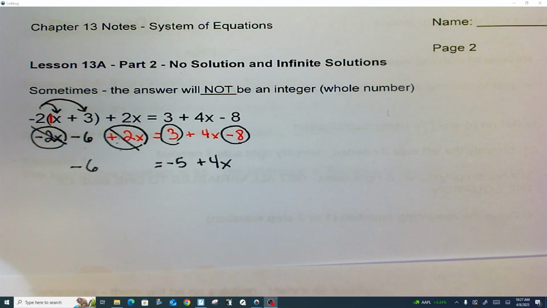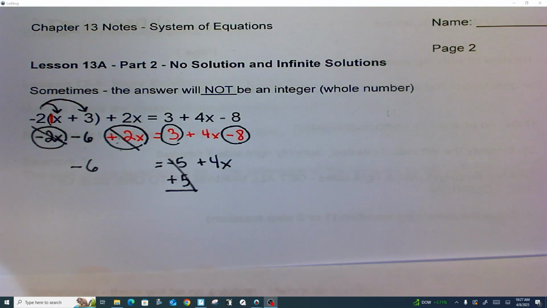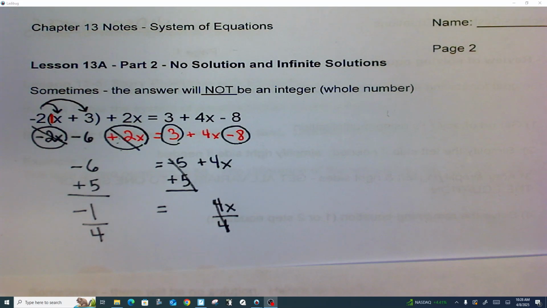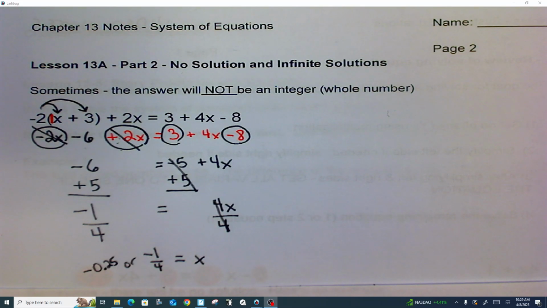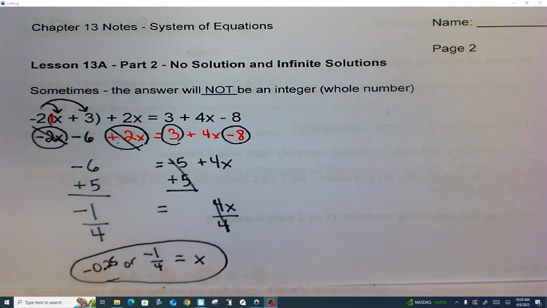Now you've got a two-step equation, and you just solve it. In this case, you can see here that it would be a fraction, but we can also make it a decimal if desired. Usually fraction is your best bet.